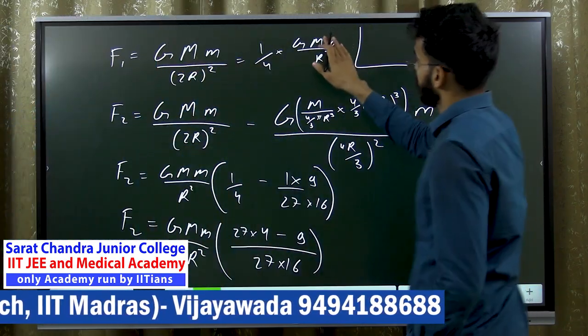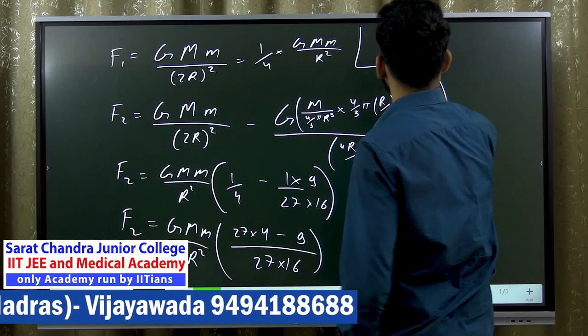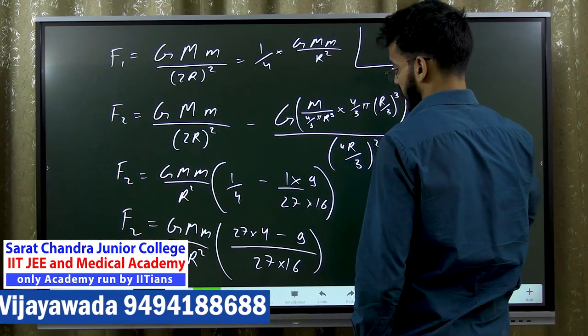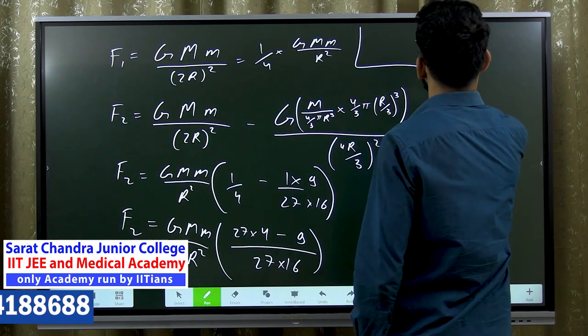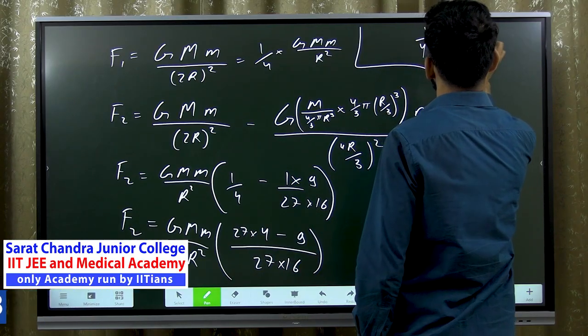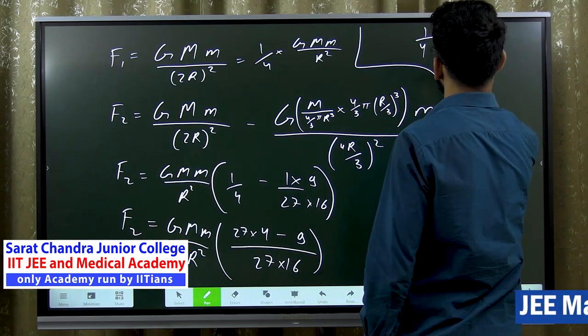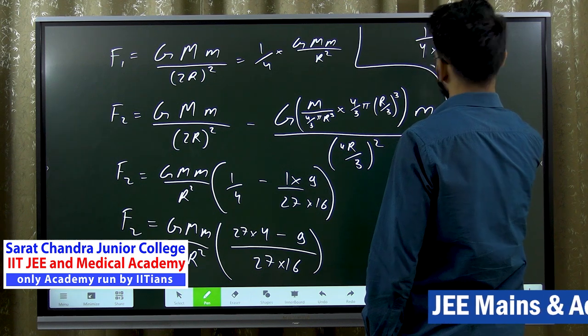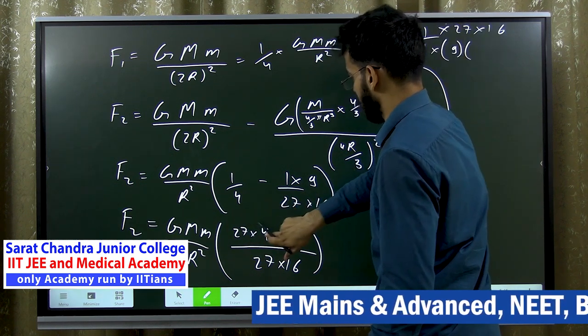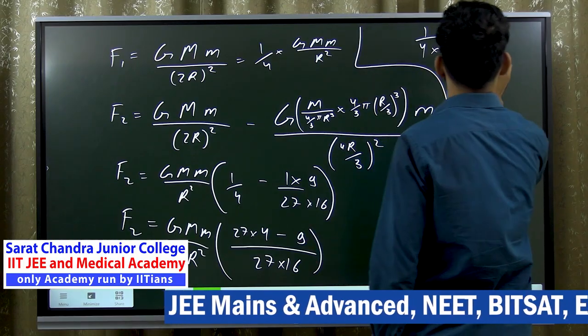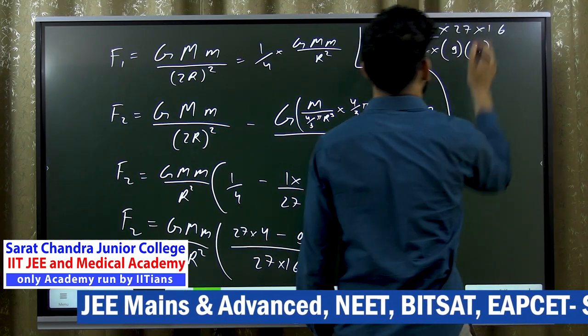So this will get cancelled out and only numerical remains. So 1 by 4, and then divide by this, means this will come in the denominator, this will go in the numerator. So 27 into 16 divided by 9 if you take common here. Here if you take 9 common, this is 3, this is 4, 12, 12 minus 1, 11. Okay, this is what comes.